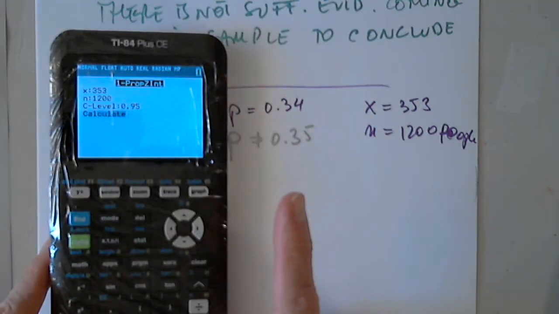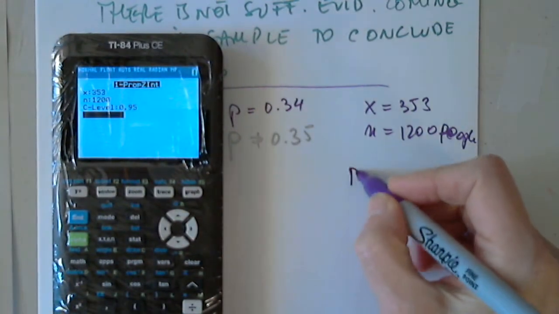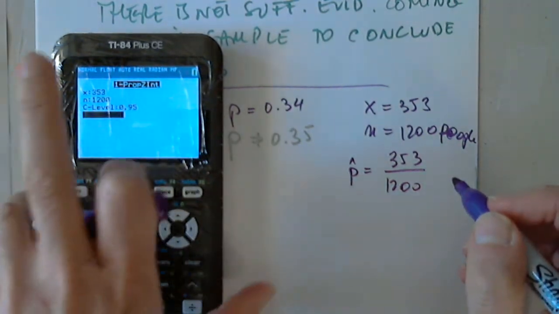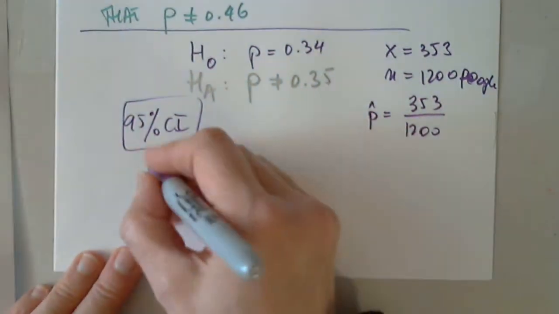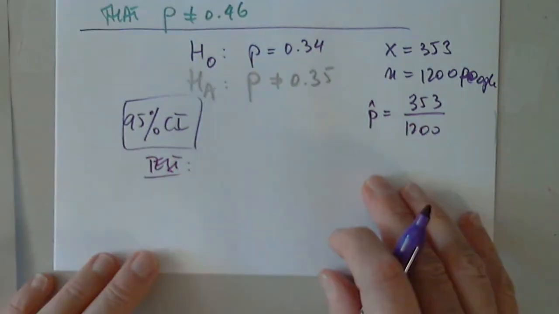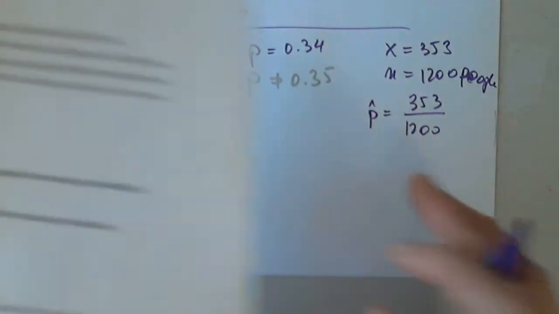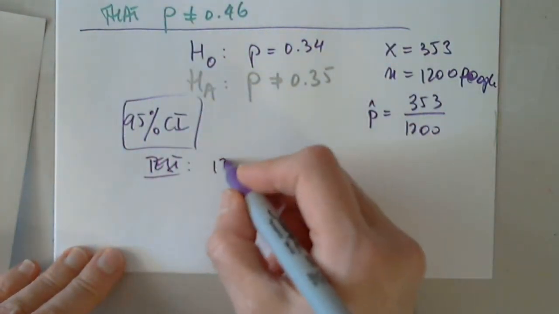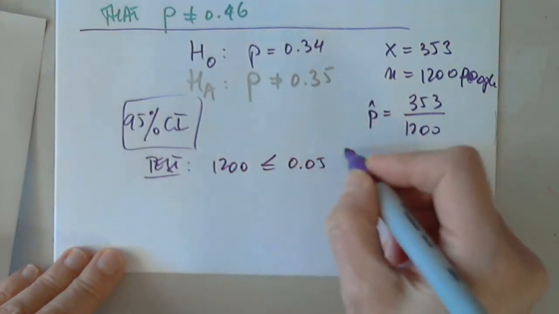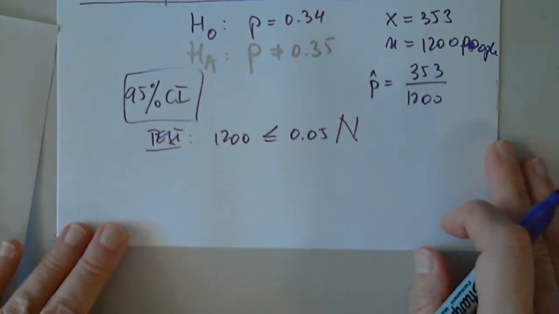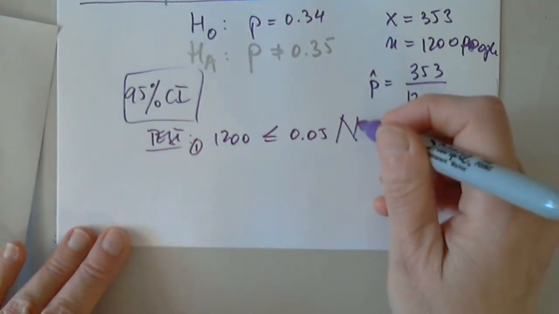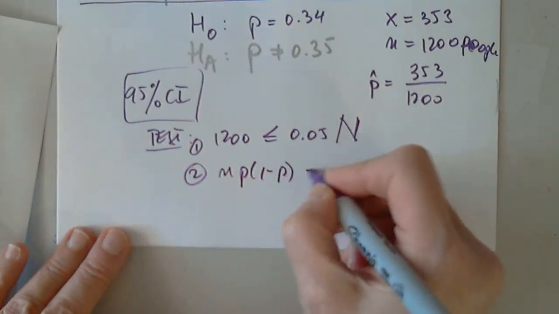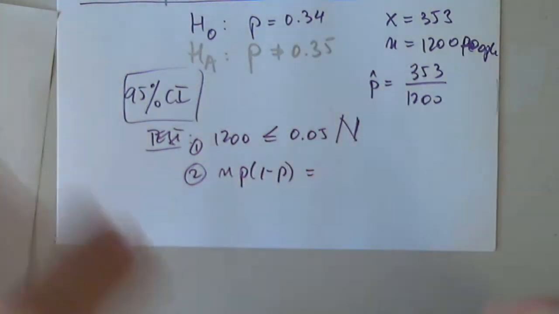Before we do that, I should determine p hat, which is 353 over 1200, and I have to test the two conditions. Here we're talking about a survey of teens, so 1200 is definitely less than 0.05 multiplied by the total number of teens in the country. So that's for independence. And n p (1 minus p) has to be greater than 10, otherwise I can't use this.